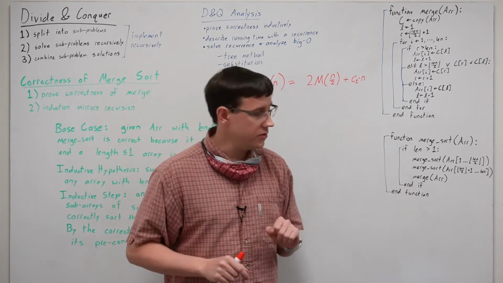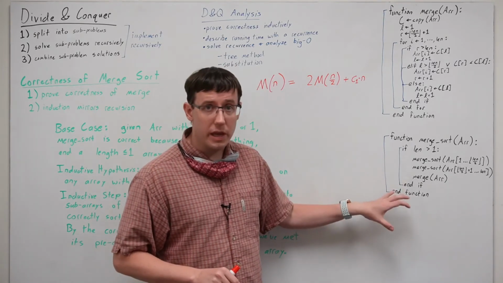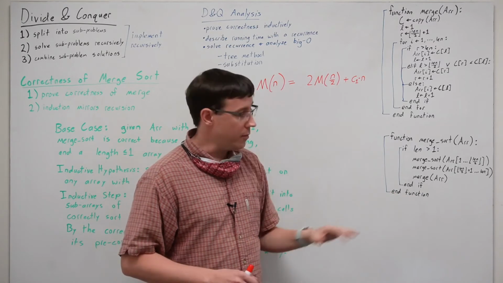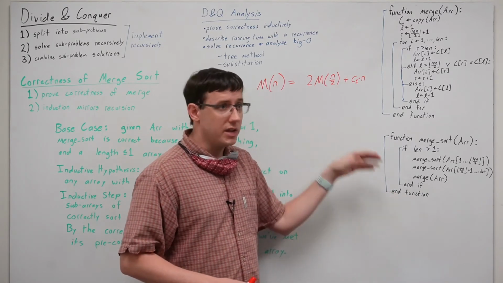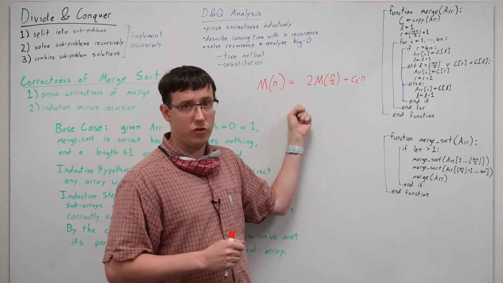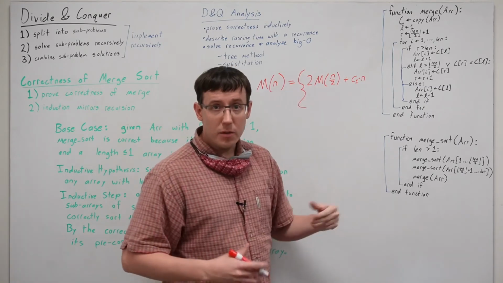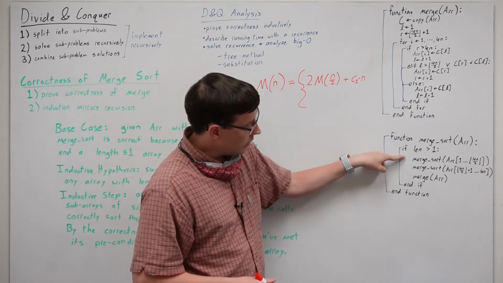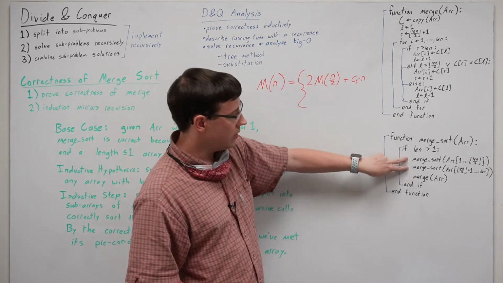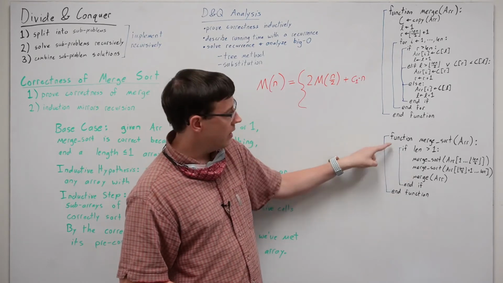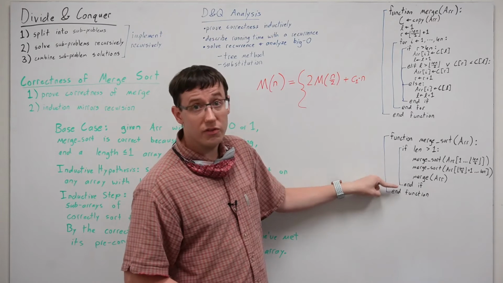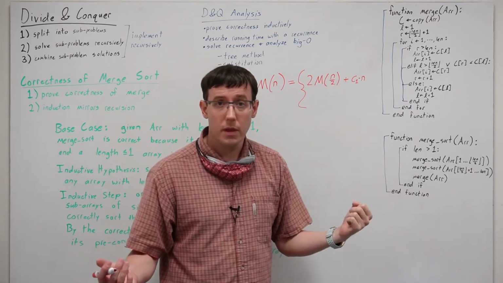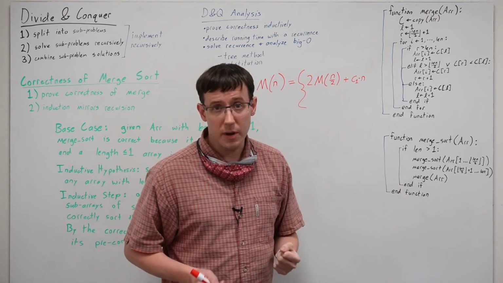And that second constant comes from the base case because we also need to describe that running time to give us a base case for the recurrence relation. When we get to the base case of our algorithm, we no longer have these calls to merge sort and merge. We will skip over the if statement and simply return, which takes some constant amount of time.